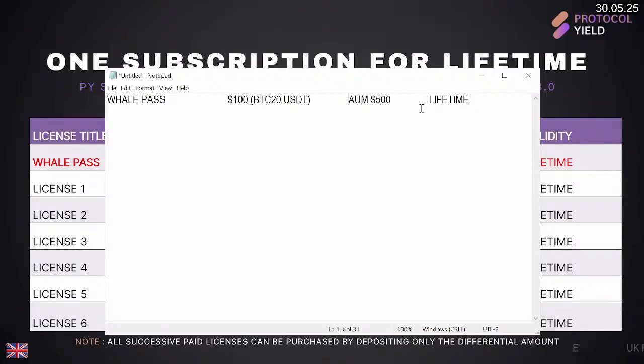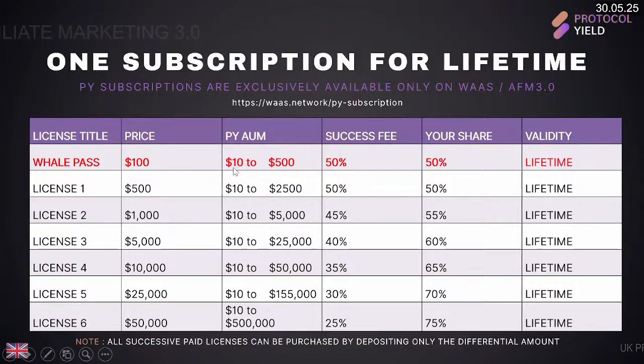So those who have purchased extra whale passes, let's say, right now they are having an advantage. They are having a privilege of being able to provide $100 subscription on Pi, because officially this is not available.